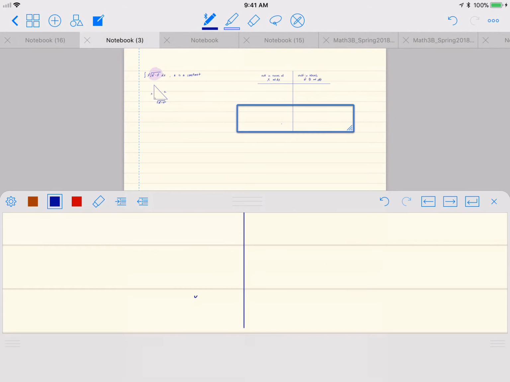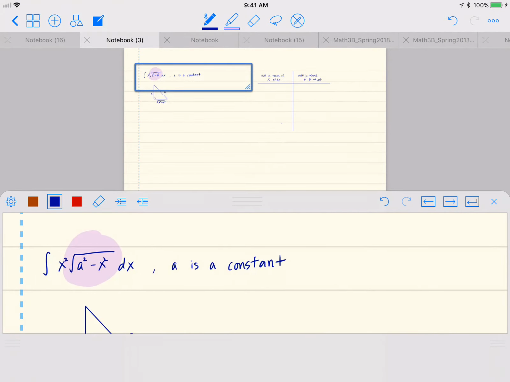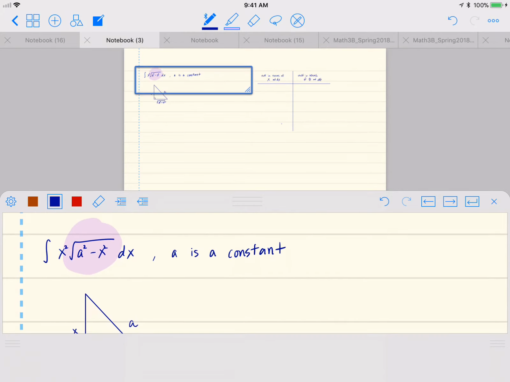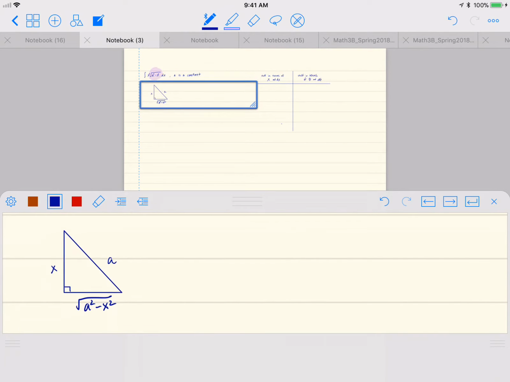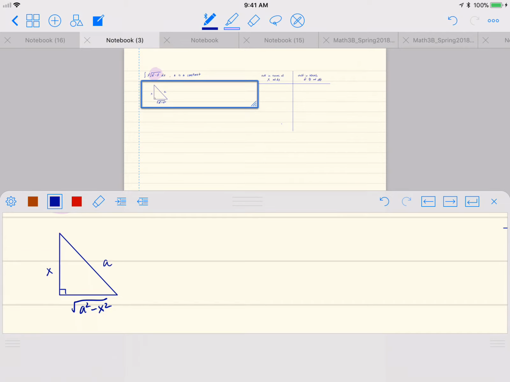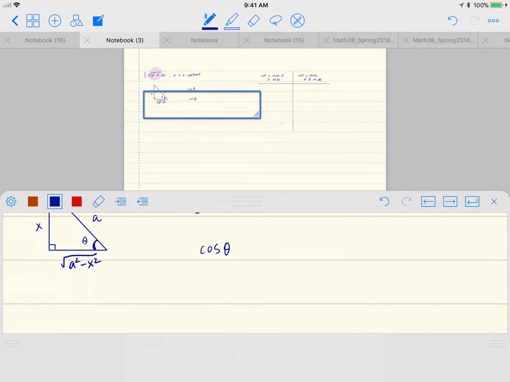Okay, so I've got this x squared and then the square root of a squared minus x squared dx. I'm going to look at my triangle, and I'm just going to put in a theta down here, and I'm going to just write down some of the relationships between x and theta. So what is sine theta? What's cosine theta?